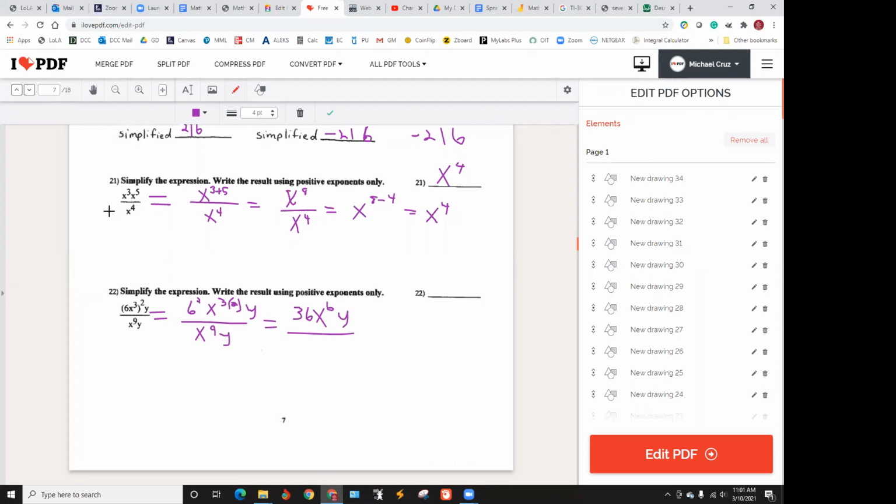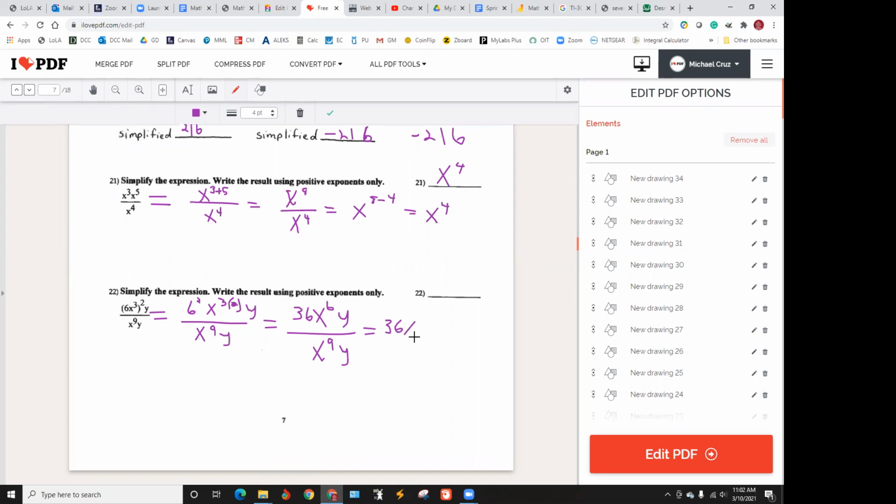And now we're going to go back up to what we did here on the last, except we're going to do it twice with the x's that are alike and the y's that are alike. Now, one of the things you might notice is this is y over y. Anything over itself is 1. So it's going to be 36.